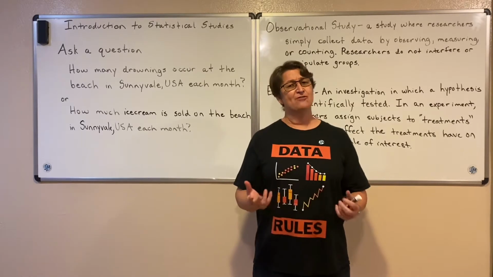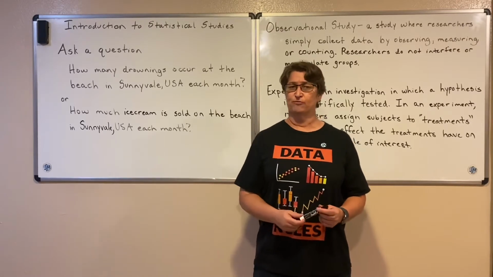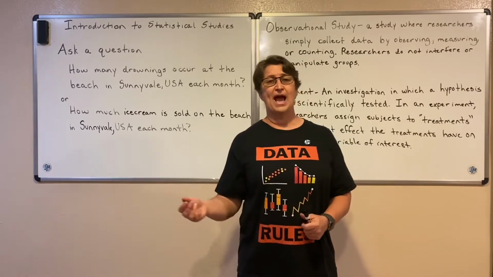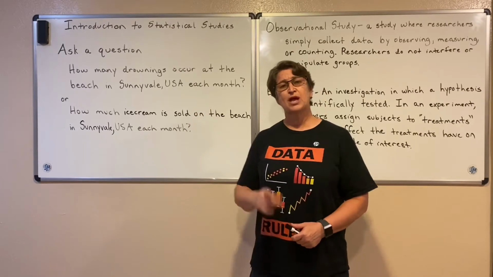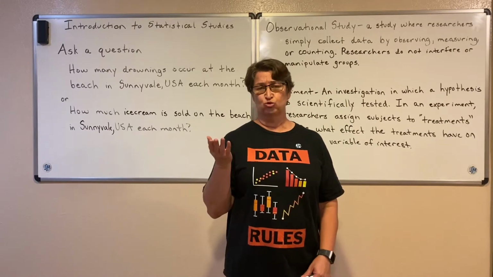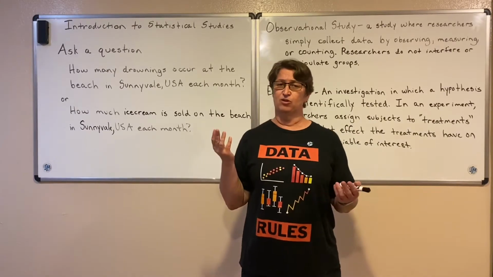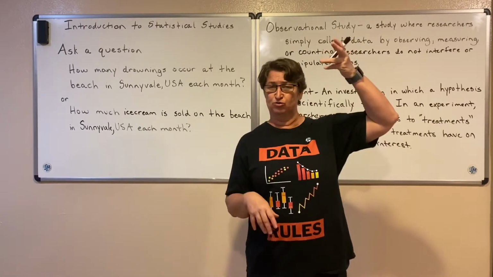But maybe I have something a little more complex in mind that I need some more information. So maybe as I collect my data to answer these two questions, I realize that as the number of drownings rise in Sunnyvale, USA, the number of the sales of ice cream goes up too.